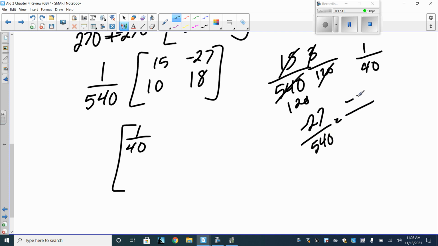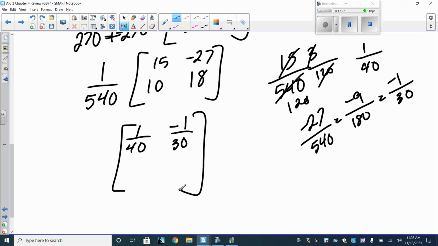Well, they both have 3, which would be negative 9 over 180, which would be negative 1 over 30, and this would be 1 over 54.